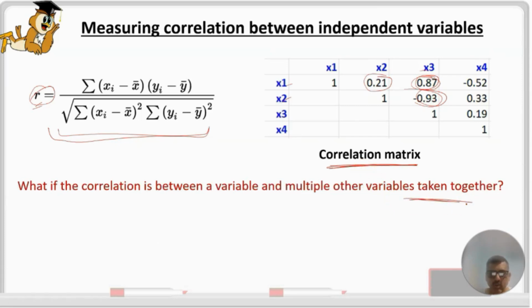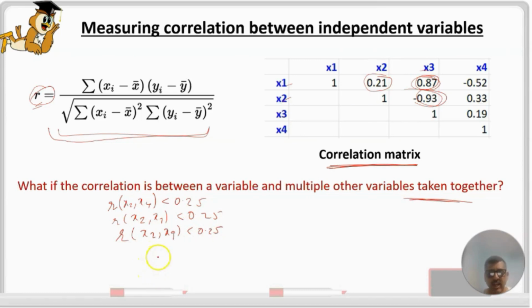So for example, what I am saying is, what if the value of R between x2 and x4 is less than 0.25, the value of R between x2 and x7 is less than 0.25, and the value of R between x2 and x9 is less than 0.25.